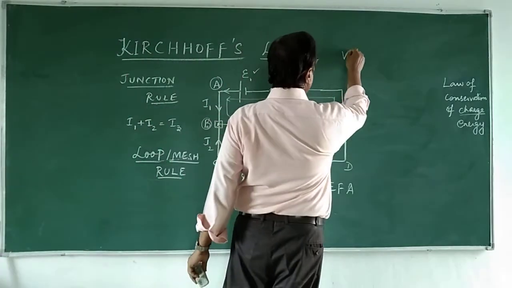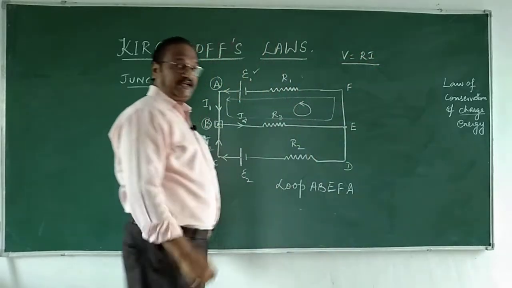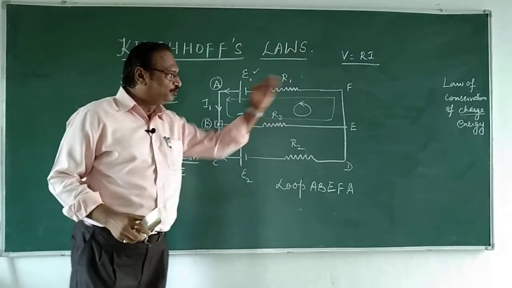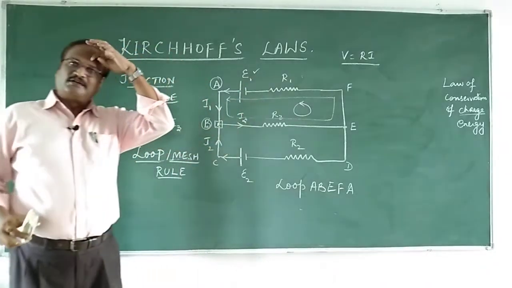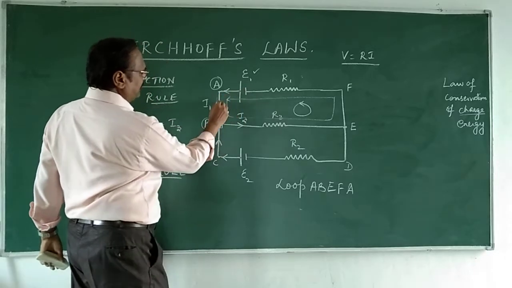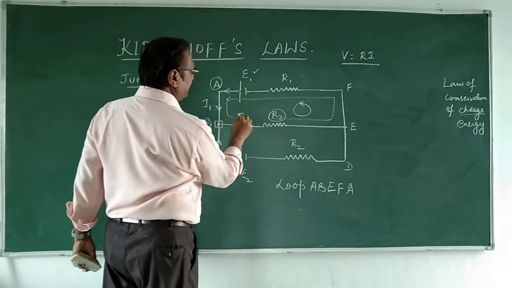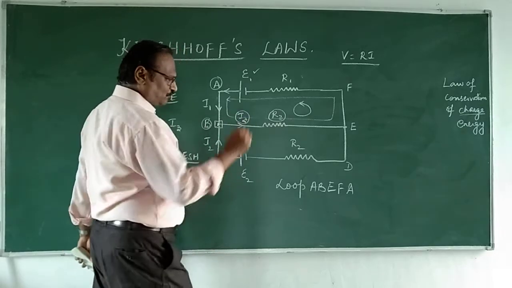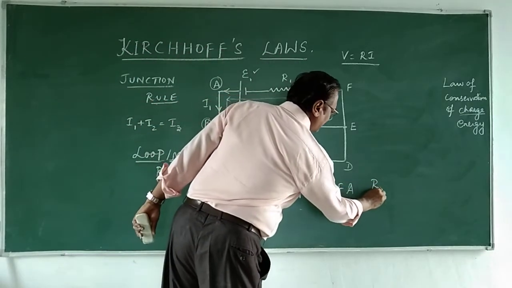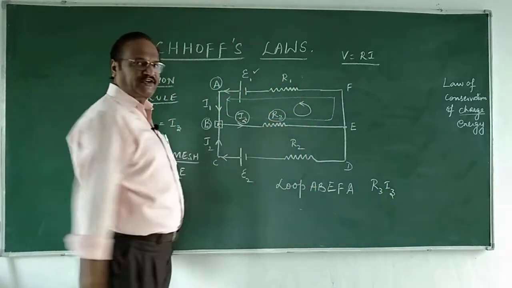Ohm's law says V is equal to R into I. Now we have to see in this loop what all the changes in potential are. Let me start from positive and come here. Nothing is there. I come here. There is R3 and there is I3. So the first change is R3 I3. This is one potential difference.